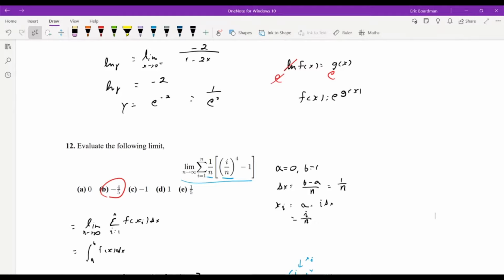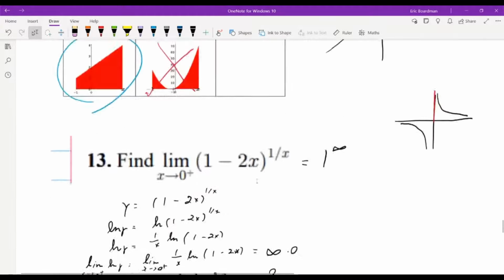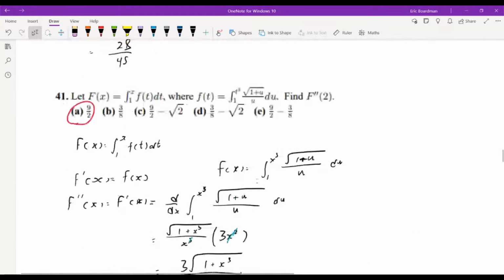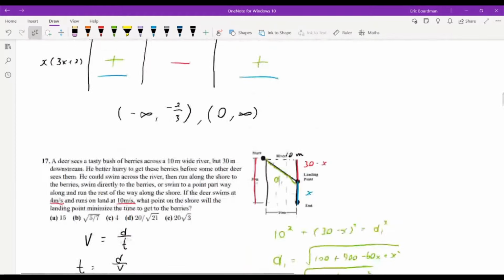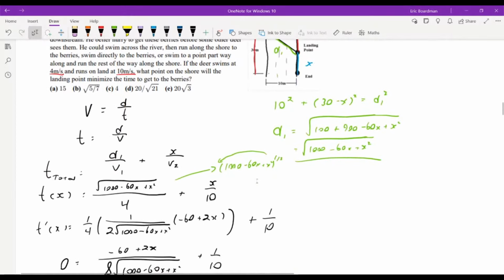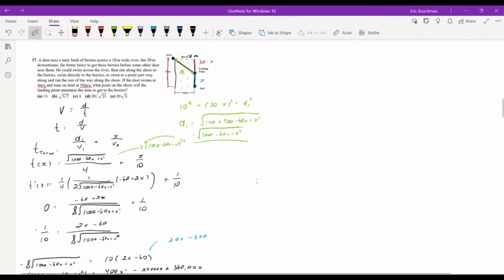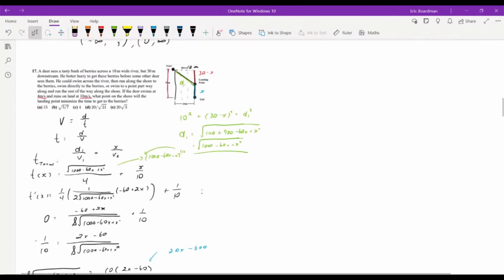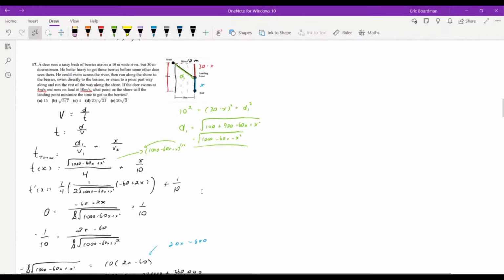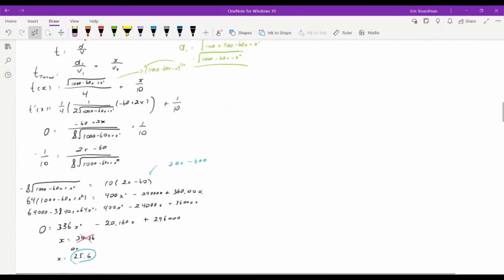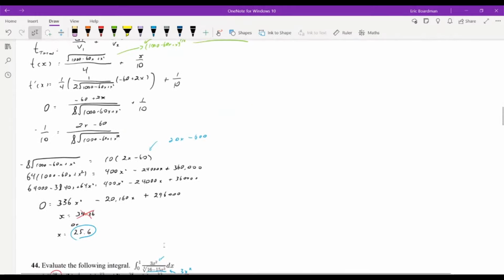You go back to the berries. Sorry, I don't. Oh, the berries. Yeah, this question. I would zoom out more, but that would just make it really small. So we got 25.6.